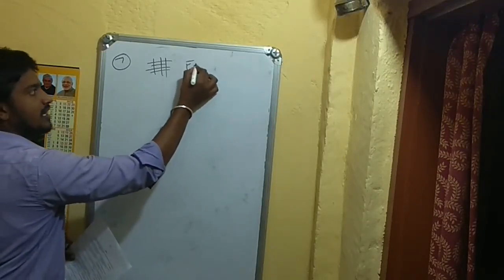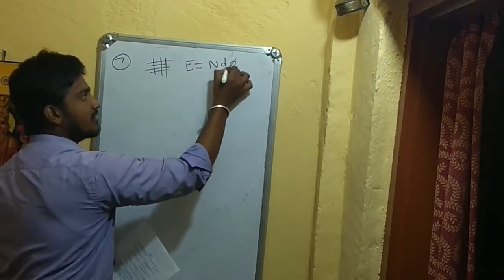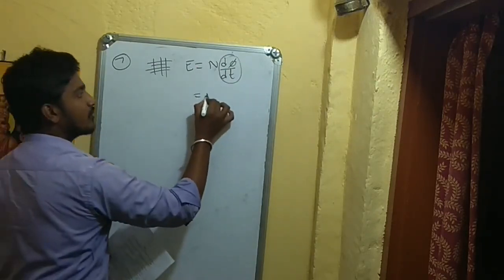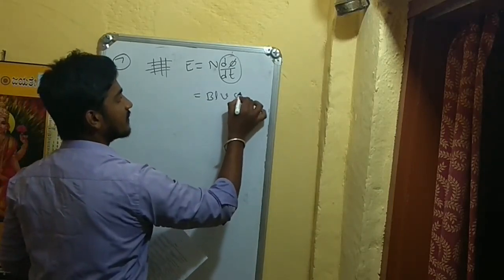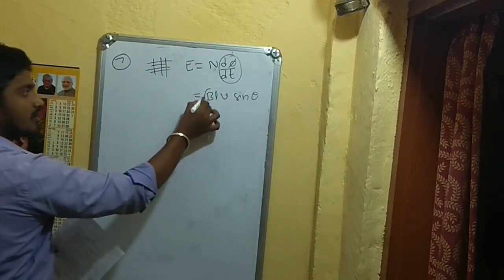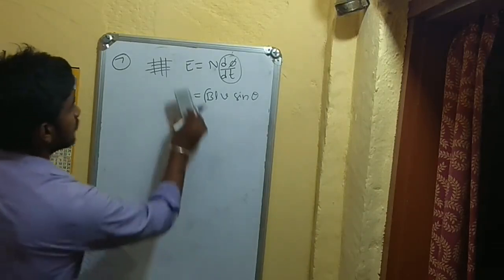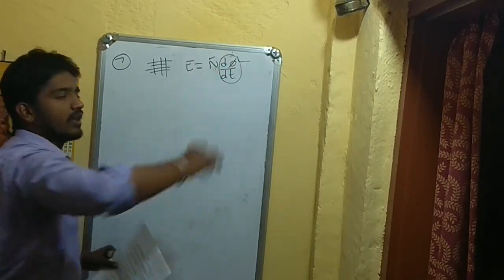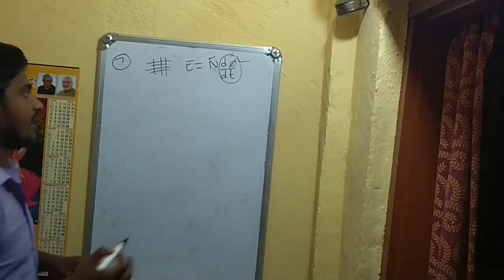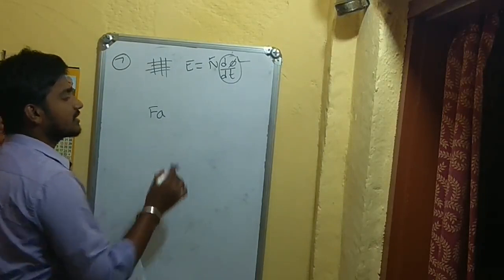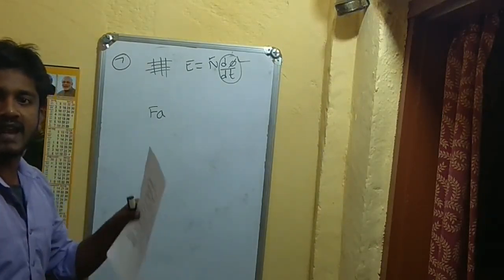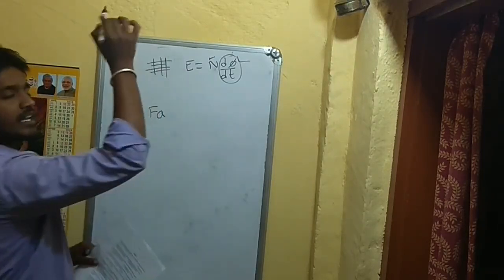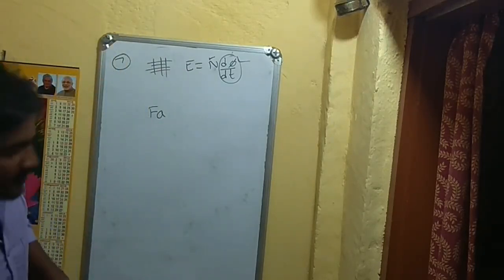The EMF induced will be E is equal to N d phi by dt, either flux has to change, or E is equal to BLV sin theta, either flux has to change or the turns have to rotate. What Faraday's law states is that whenever the flux is cut by a conductor, an EMF will be induced. Here both are stationary, which means there will be no flux cut by the conductor.